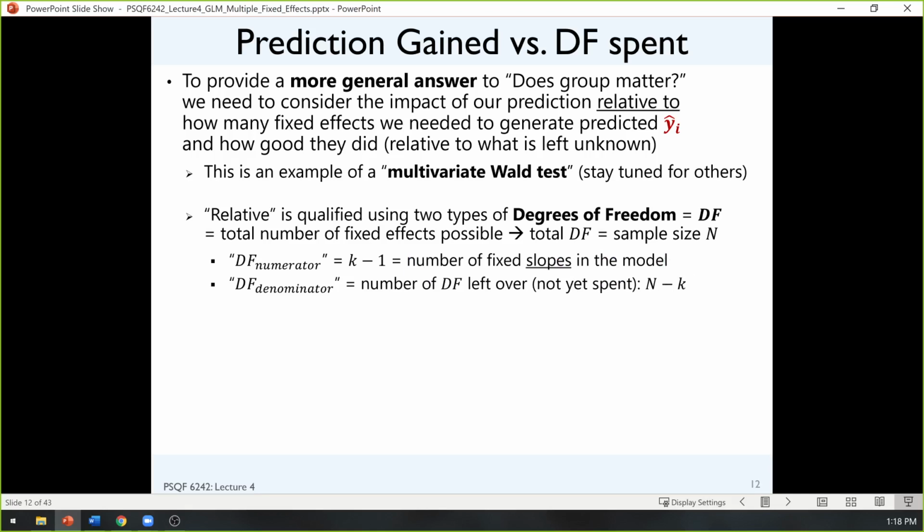I spent 3 parameters to get to this level of prediction because I have a fixed intercept beta 0, beta 1, and beta 2. So that means that I have 734 as my n minus k, which is 3. That means that I could have 731 more slopes if I wanted to. So degrees of freedom is like, what's still out there to be captured?